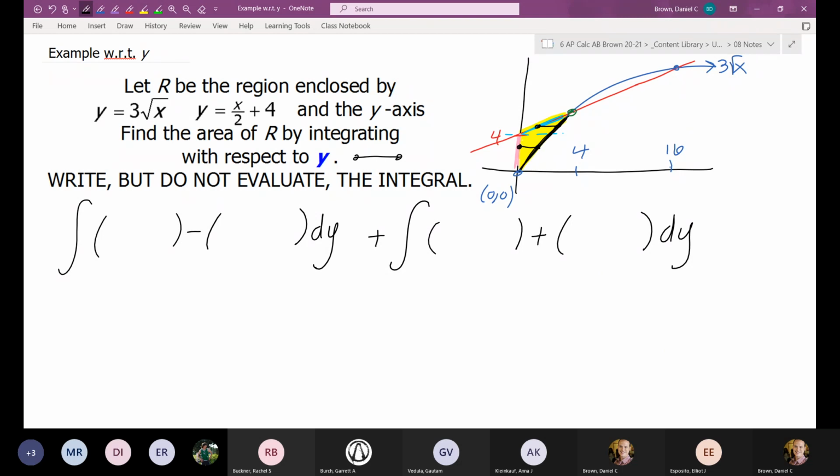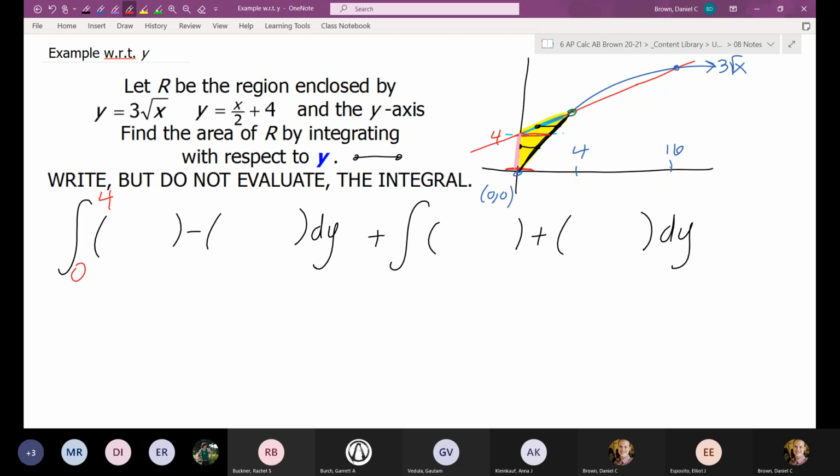Technically, it wouldn't matter which integral comes first. Looking from the bottom to the top, what y value does that area start at? 0. And what y value is that area ending at for that first region? 4. That would be the first one stopping here.